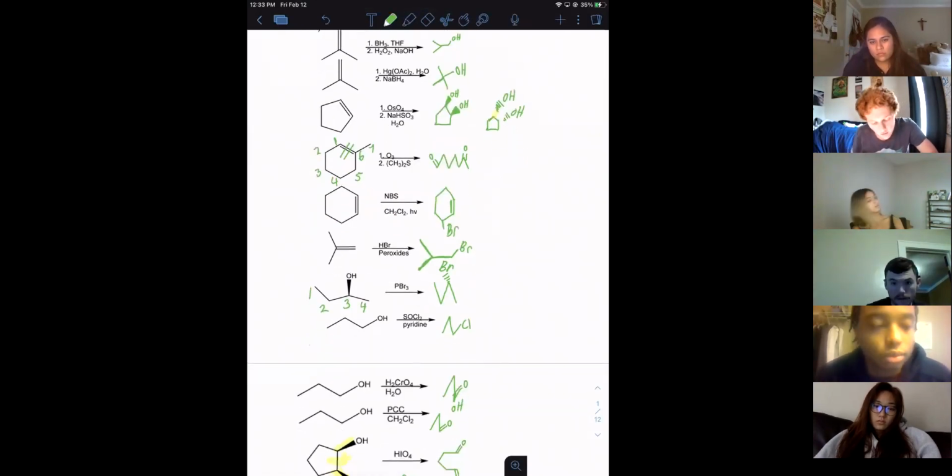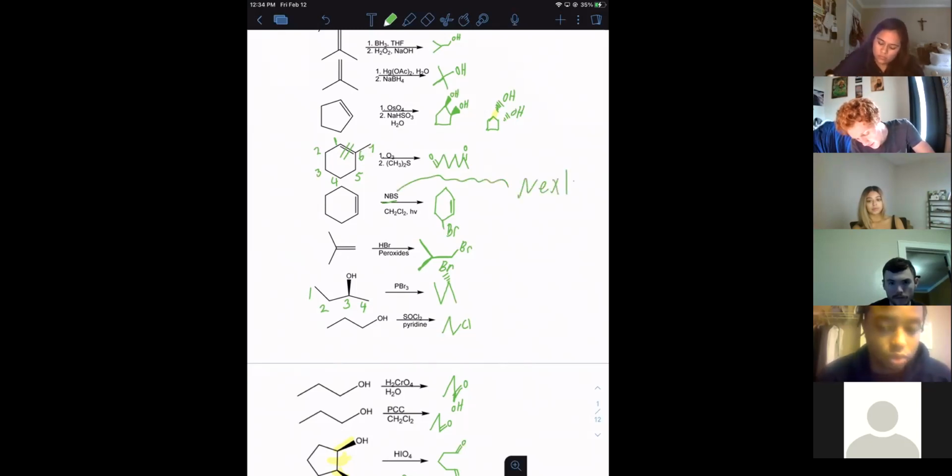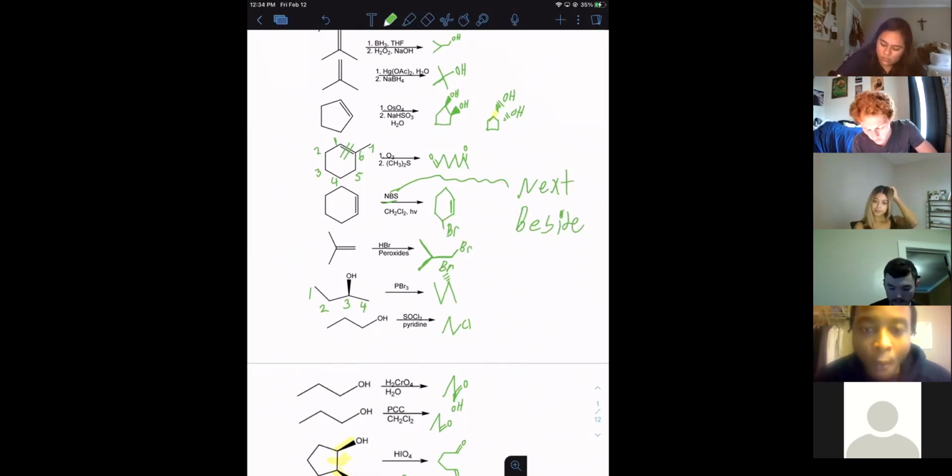Okay, so this one is in your OWLs, and it's on the ACS, but it's not one we usually talk about much. It's important to remember. So I think of the NBS as standing for next, and then think of the N. Whenever you see N, just think of next or beside, and then the S is supporting, or I don't know.